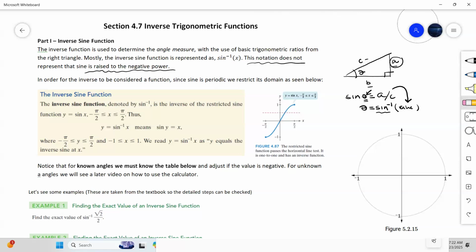So in order to avoid this issue with sine inverse not being a function, once we invert it, the function is going to look like this, the sine inverse, and obviously it's going to fail at multiple places.